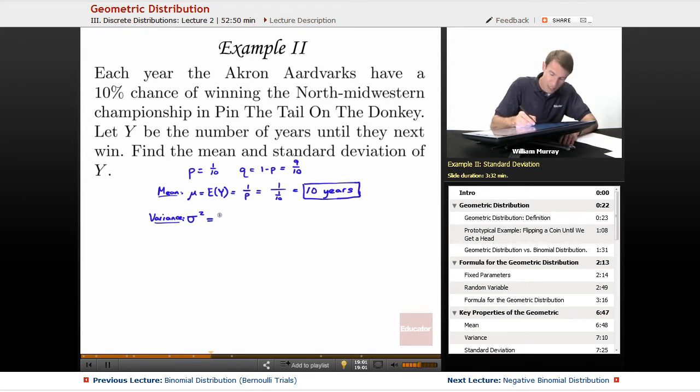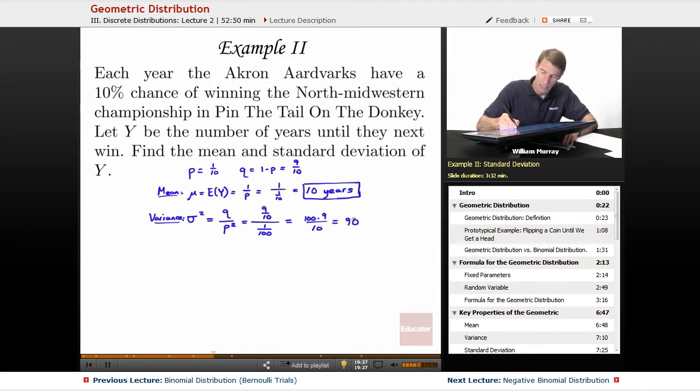The variance, sigma squared, is Q over P squared. So that's 9/10 divided by P squared, and P is 1/10, so P squared is 1 over 100. If I flip the fraction, then I get 100 times 9 over 10. 100 over 10 cancels to 10, so I get 10 times 9, which is 90.